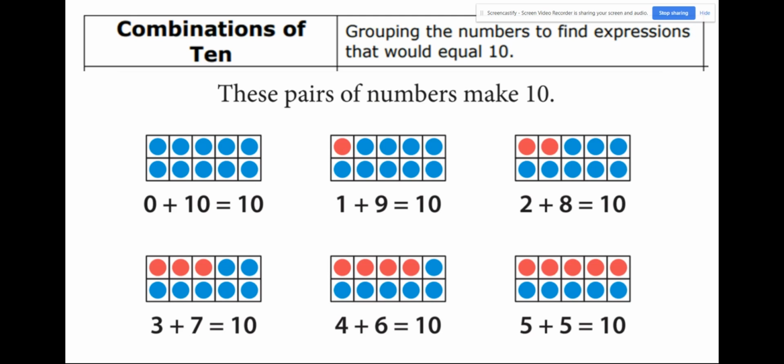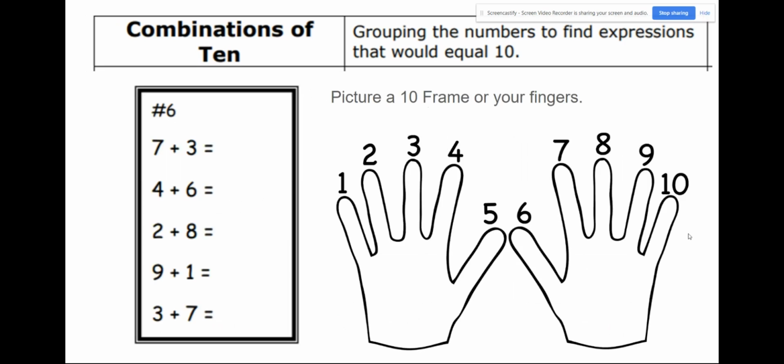If you're doing this in your head, you can imagine a 10 frame and imagine what you would need to equal 10. If you want, you can use your hands because you have 10 fingers. So if you had 3 on this side, then you'd have 7 left over on the other side. Here's a picture of some fingers you can use. Either way, you want it to equal up to 10.